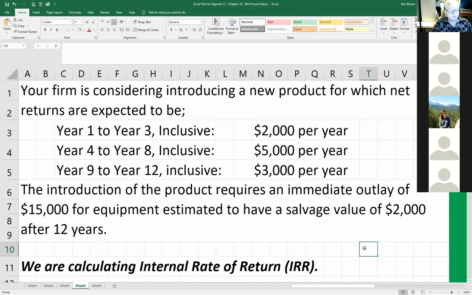With the net present value, what we were doing was supposing that we knew the rate of return that we wanted to get. When we're calculating the internal rate of return, what we're going to be calculating is the rate of return that we will be getting.